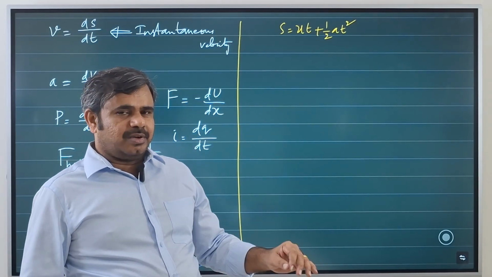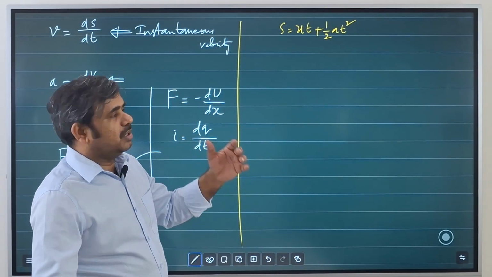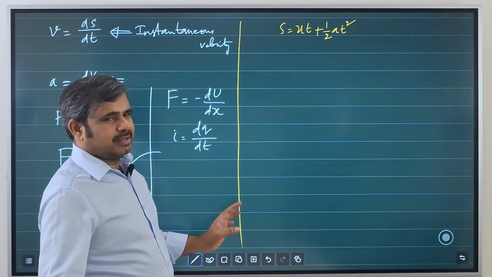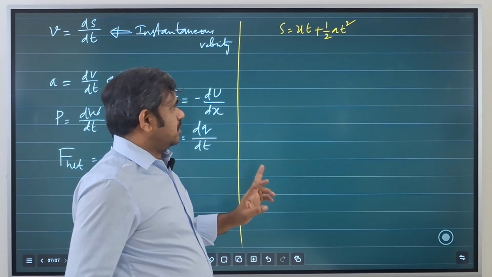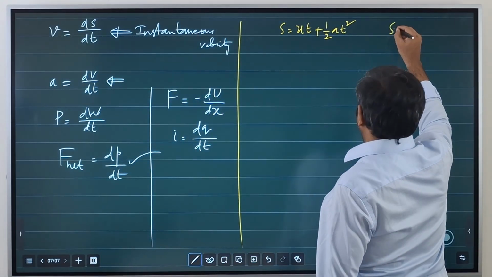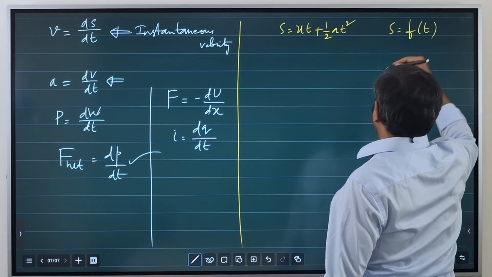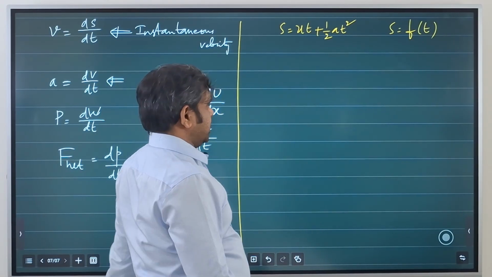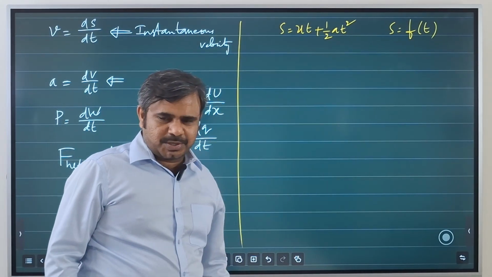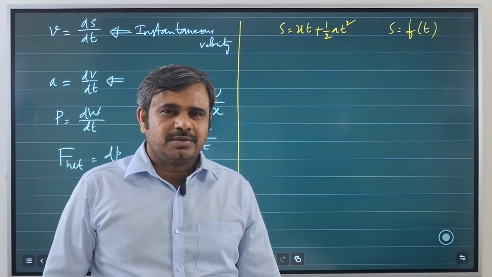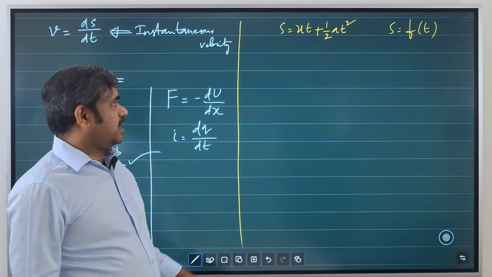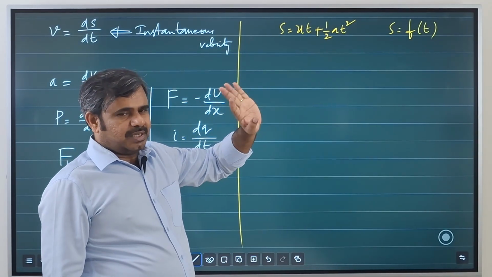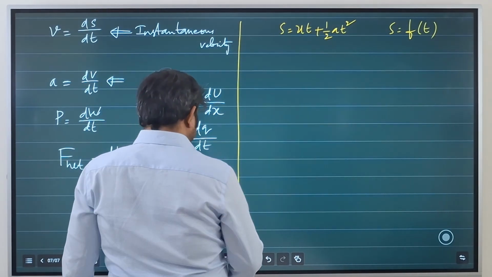s is a variable, t is a variable. The variable s depends on the variable t. So look at this equation as a function in which s depends on t. u and a are constants. This is basically an equation for the displacement of a body moving with constant acceleration. u is initial velocity, a is acceleration.